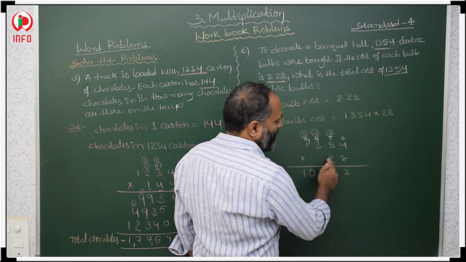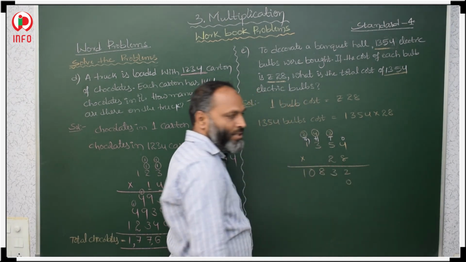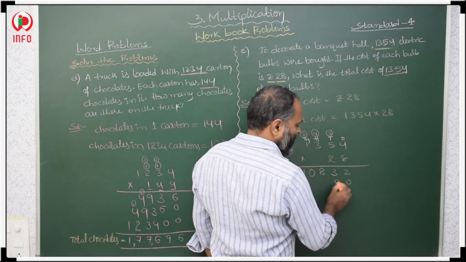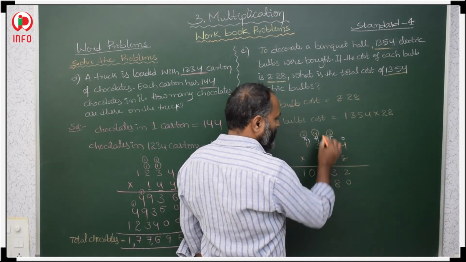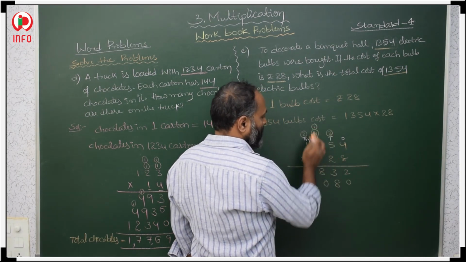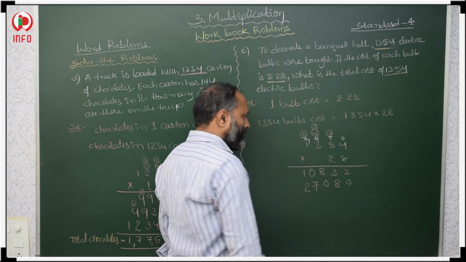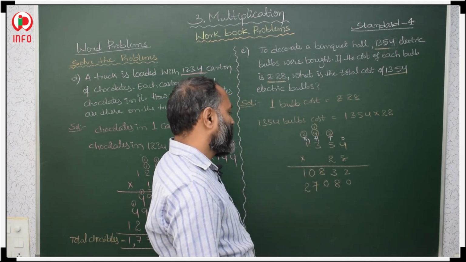Then after that with 2, first we take a 0 in tens place. Now 2 4s are 8, 2 5s are 10, 2 3s are 6 plus 1, 7, 2 1s are 2.